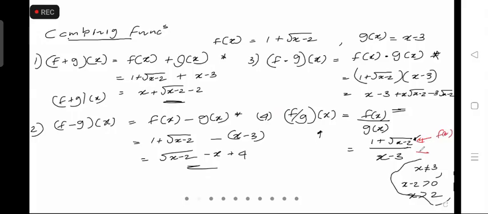If you see these functions separately, this is f(x). What is the domain of f(x)? Not all real numbers. The domain of f(x) is x greater than or equal to 2.